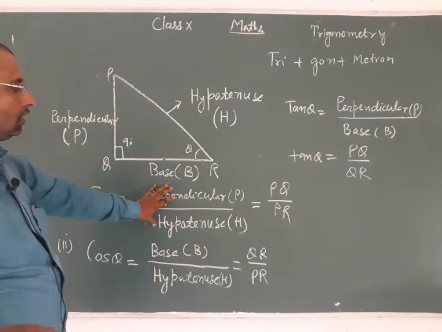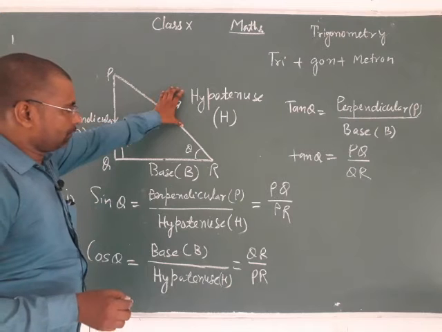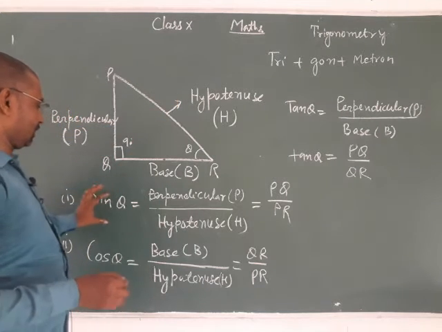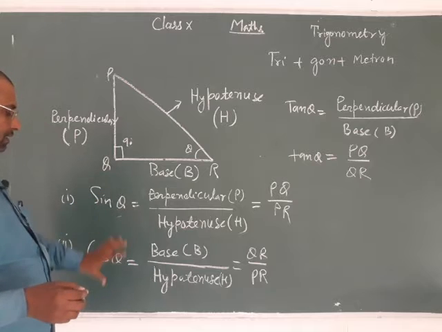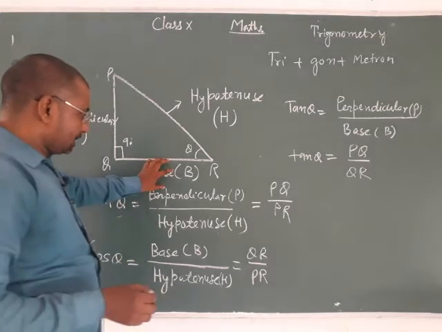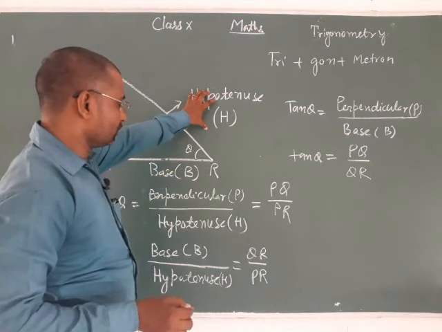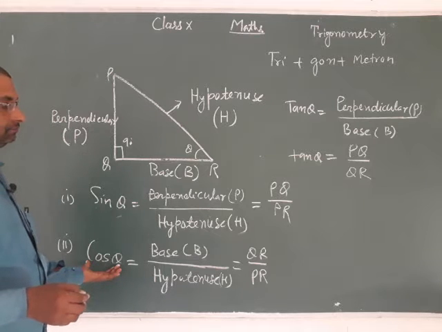The ratio of perpendicular upon hypotenuse is called sin theta, and similarly the ratio of base upon hypotenuse is known as cos theta.